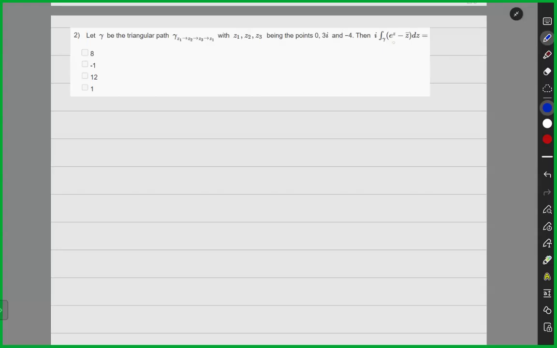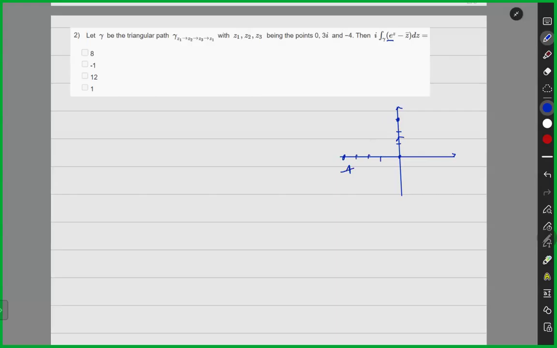Because e power z is what? An entire function, holomorphic everywhere, and we have a triangular closed curve. So let me draw where our path is: 0 to 3i, 1 2 3 here, and 3i to minus 4, 1 2 3 4, minus 4 is here.